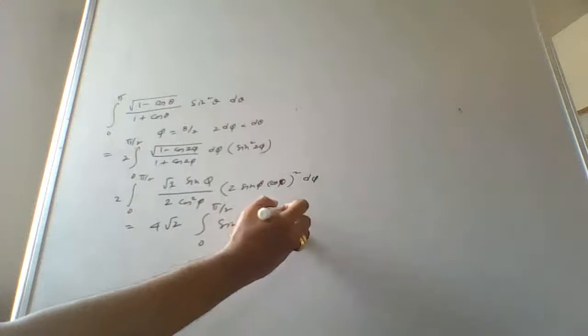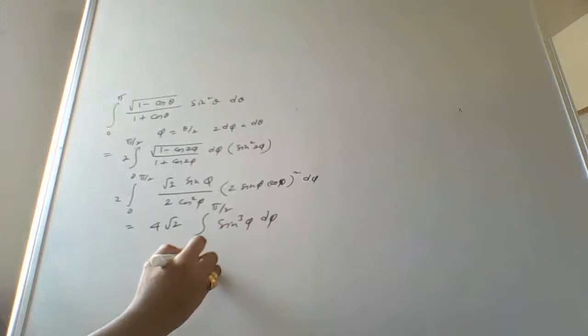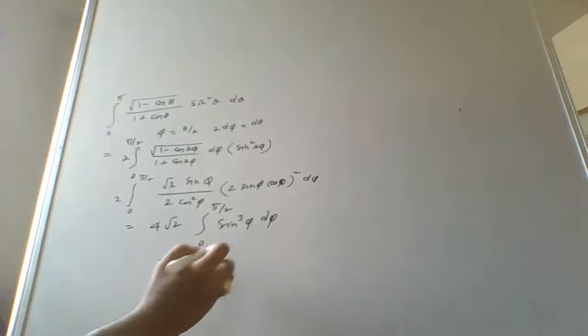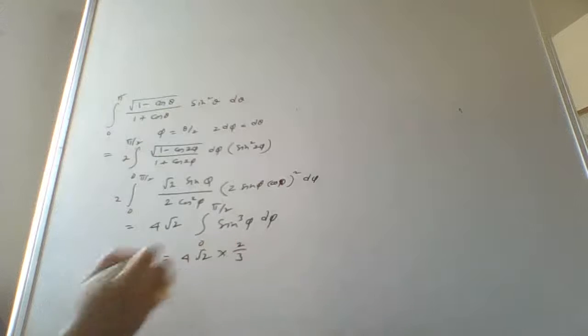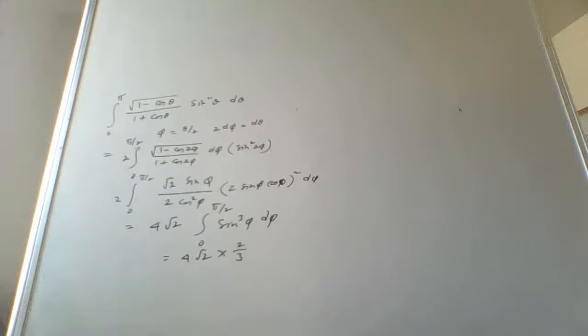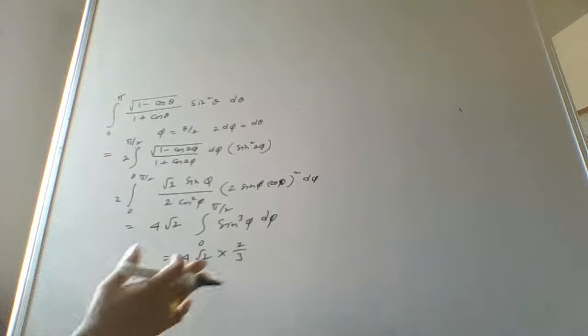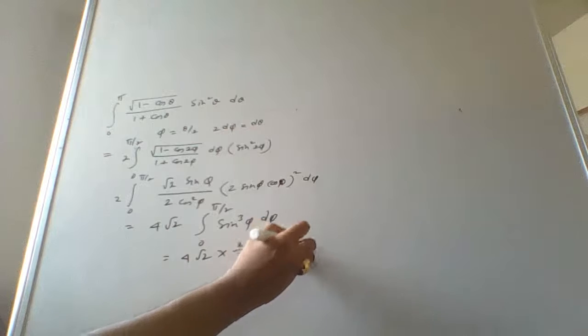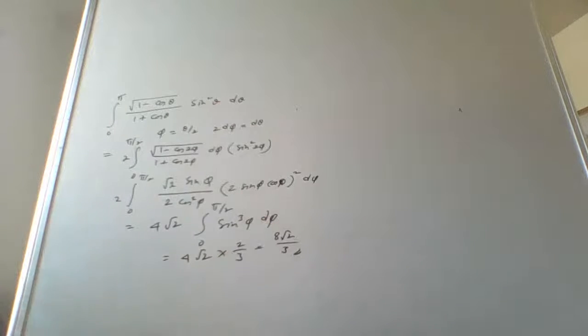Now this is an odd, here n being odd, so you get 2 by 3, I1 being 1. Okay, so that results to 8 root 2 by 3. So this will be the solution. I hope you understood this. Let us move on to the next problem.